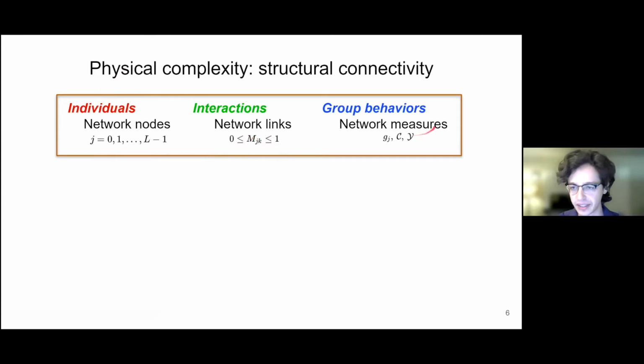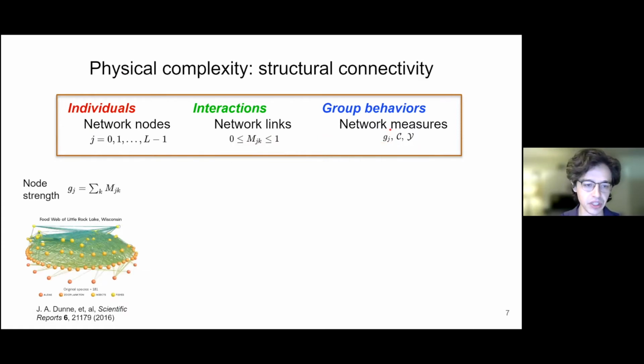And then those collective group behaviors can be quantified by network measures calculated on those weights. A few examples could be node strength, which is just the sum of all of the weights on a node. And the distribution of node strengths can tell you about the presence of hubs in a network, that is, certain nodes which are more strongly connected than other nodes.